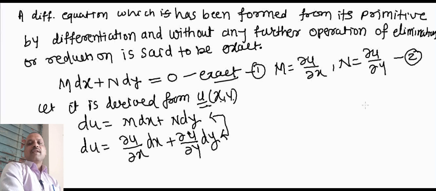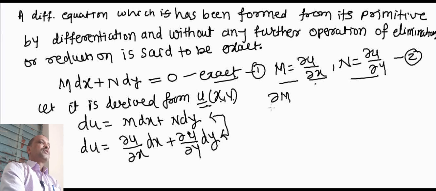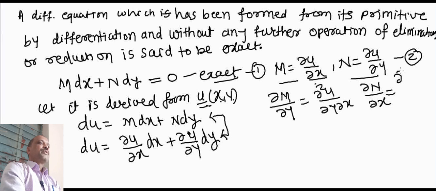This is called a necessary condition for M dx plus N dy to be exact: M equal to del u by del x and N equal to del u by del y. Now if we differentiate M with respect to y, del M by del y equals del 2u by del y del x, and differentiating N with respect to x, del N by del x equals del 2u by del x del y.